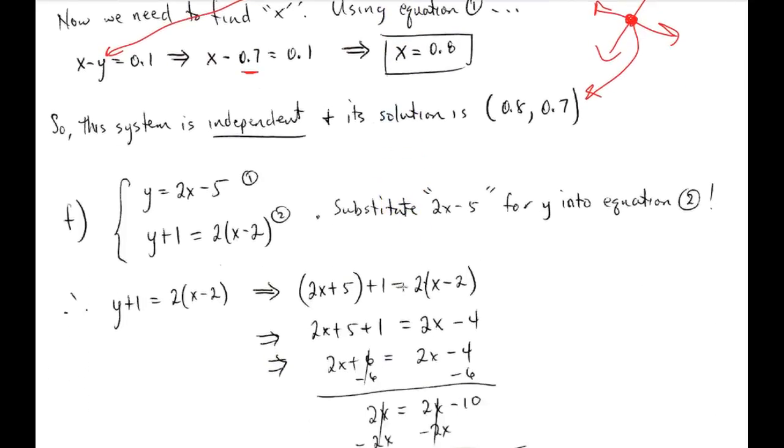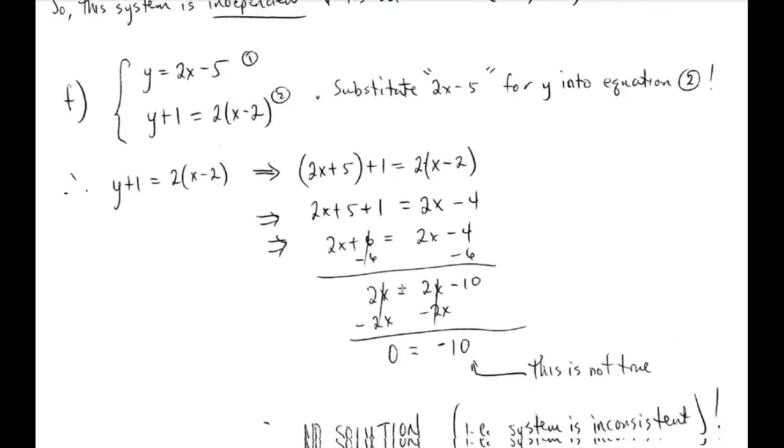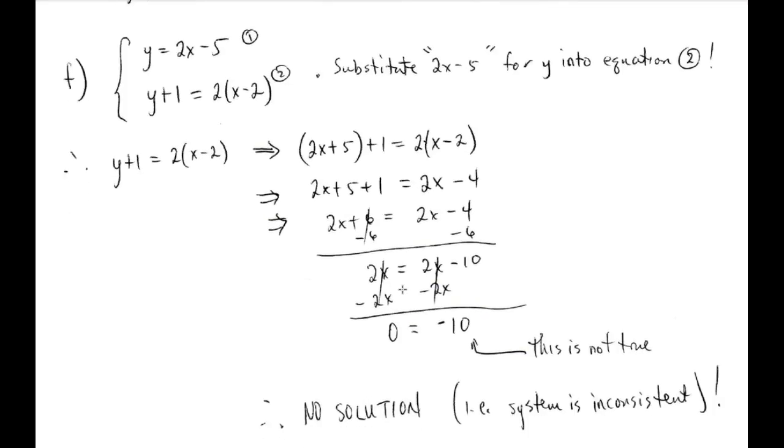All right, so for our next example, we're going to substitute 2x minus 5 for y. We just take this and plug it in, and once we do that, you see that this is what we end up having here. If we simplify and combine like terms, we see that we end up having 0 is equal to negative 10.